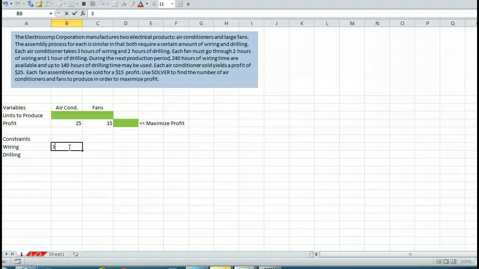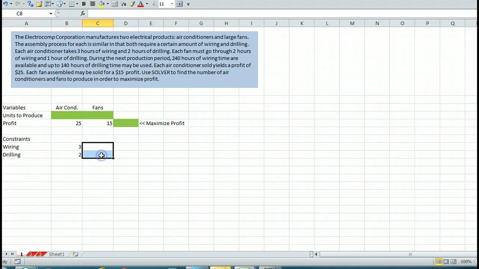So you could put 3 hours under air conditioning, and wiring takes 3 hours. Then the problem tells us that each air conditioner requires 2 hours of drilling. So I can put here under air conditioners and drilling, that's 2 hours. So I'm getting my constraints filled in.